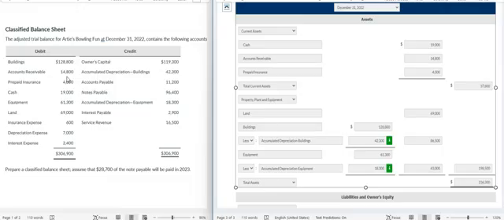So taking a look over here, my current assets are going to be cash, accounts receivable, and prepaid insurance. The other assets, buildings, equipment, and land, those assets the company doesn't intend to use up within the next year. Those are what we call long-term assets or property, plant, and equipment. And we intend to hold on to those for this year and for future years to help them earn revenues.